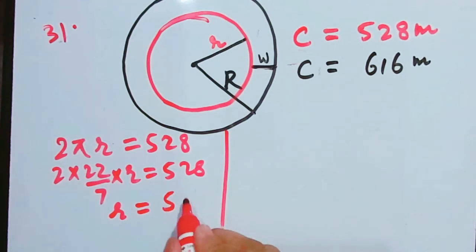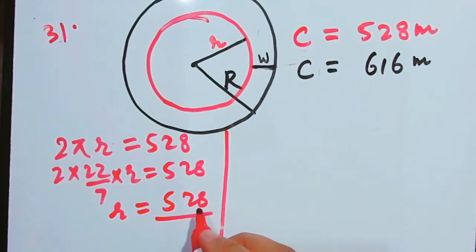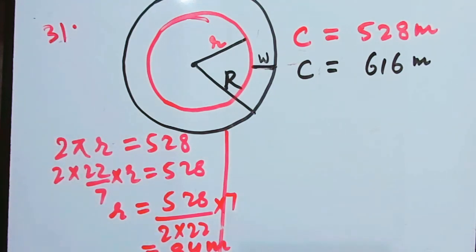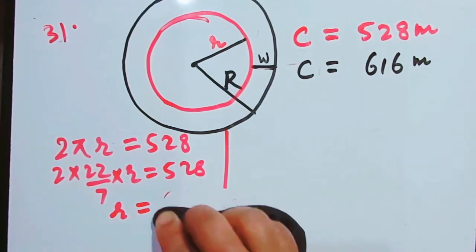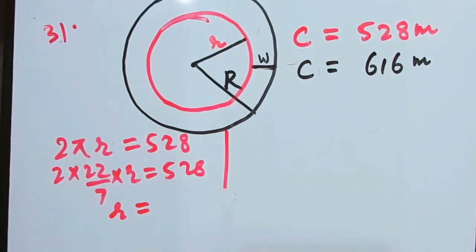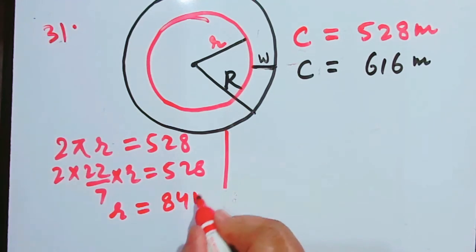Let me see. 528 divided by 2 into 22 by 7, isn't it? So when you solve this, naturally you will get the value as how much? 84 meter. Let me write it over here, is equal to 84 meter.